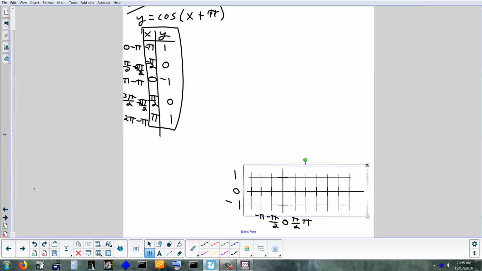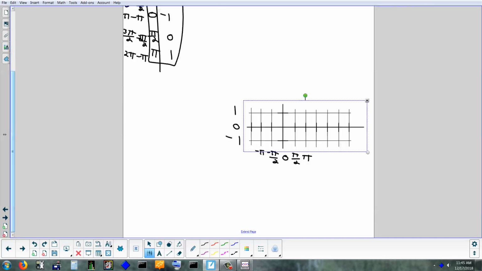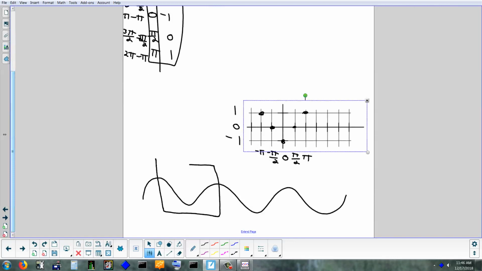Okay, now let's do our sketch. So we've got negative pi, 1, negative pi over 2, 0, back to negative 1, 0, and 1. Now, that looks kind of like a V shape, but remember, it's a wave, and you're sketching this part of it.